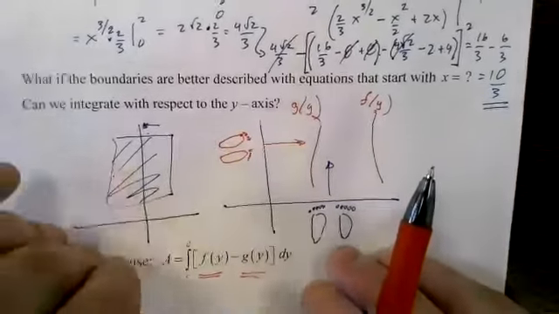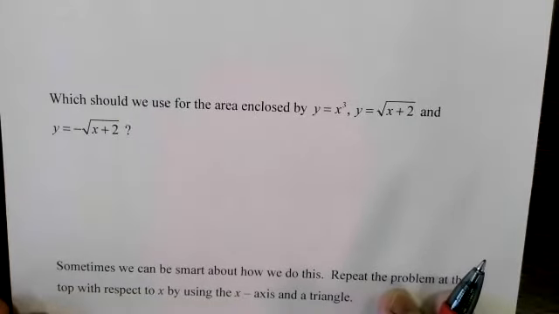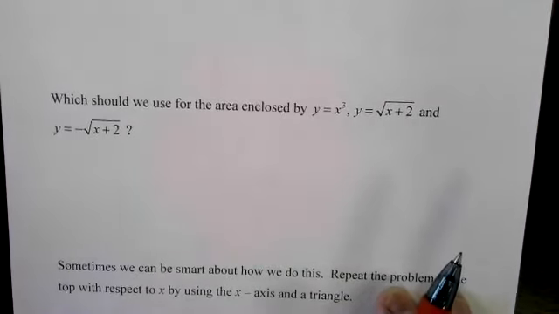Examples always help. Let's do one. It's the same problem we just did. It doesn't look like the same problem. Well, let's see if we can make it look like the same problem. Actually, no, it's not the same problem, but it will be soon.